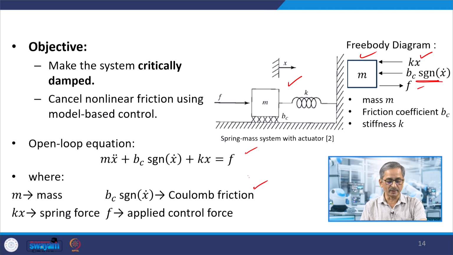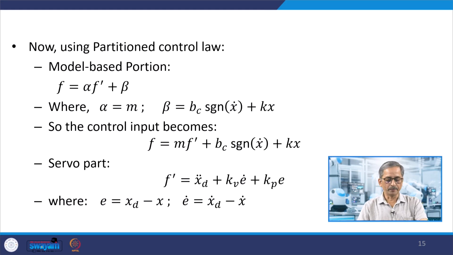So, assuming the Coulomb friction, here we will try to cancel the non-linear friction using the model based control. So, again we propose the same control law, the model based control, where alpha is m and beta is this one basically, right. So, my f becomes this one and this is the servo part same as that one, alright.